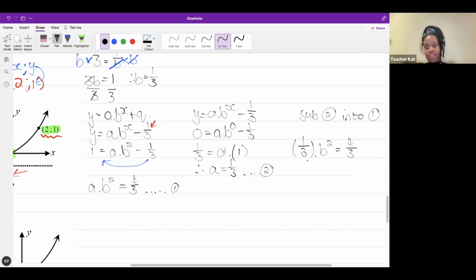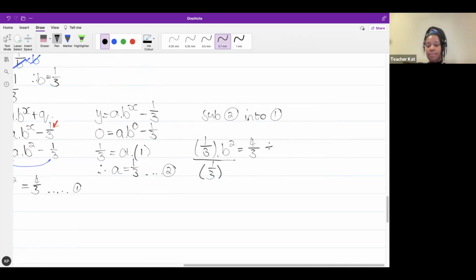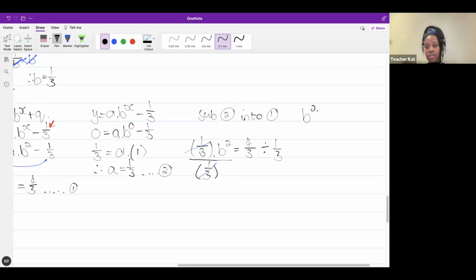Divide by 1 over 3. But dividing by 1 over 3, we'll go into that just now. I don't want to do 100 steps in one. This will go away. Then I'll be left with b squared is equal to, now how am I going to solve this guy over here?